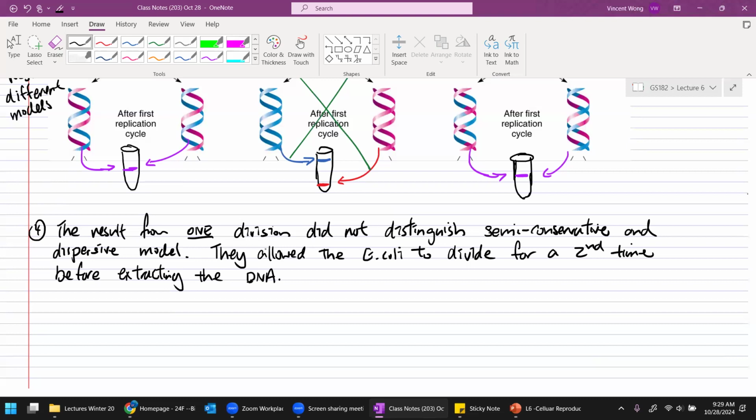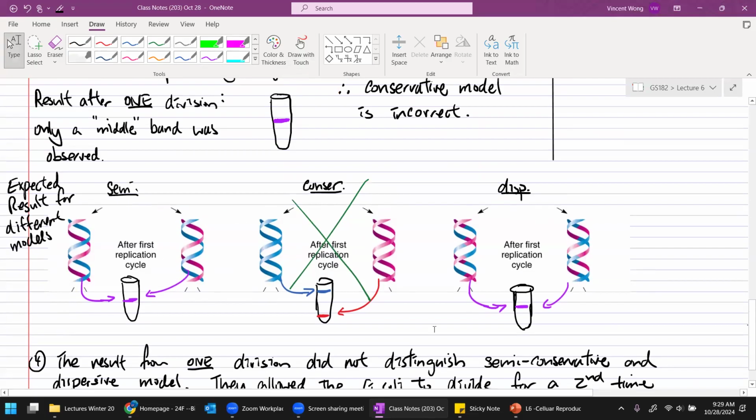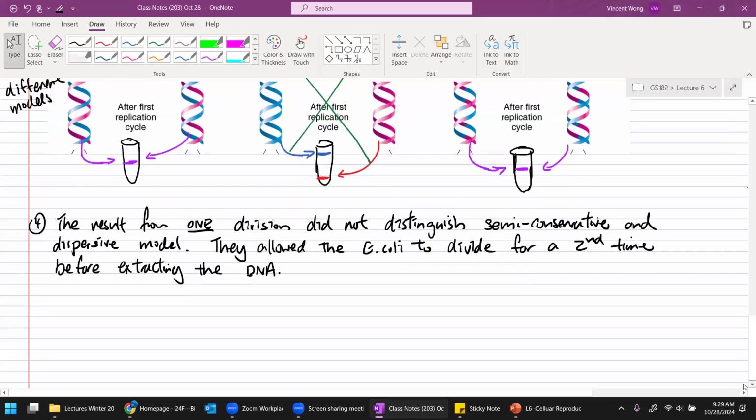It's quite easy. So anyways, they did let the E. coli divide for a second time, and then they collected the DNA. So this is the result after the second division.